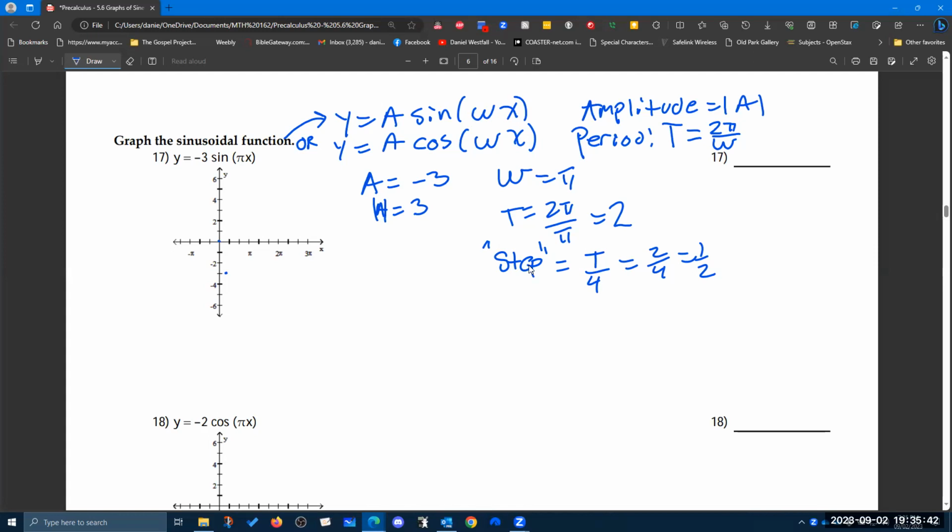Then at 1, 0, and then 1.5, 3, and then 2, 0, and so on. That's actually at 3 there, not pi, but pi is a little bit offset to the right of that. So we're getting a curve that looks like so, and it's going to keep cycling that same way left and right.